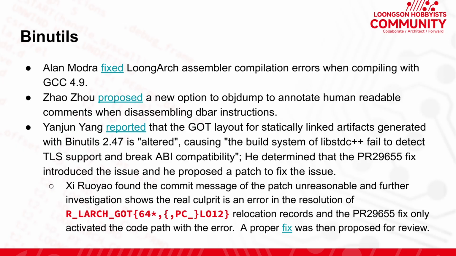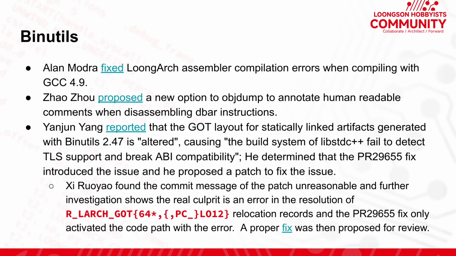Yan Junyang reported a so-called corrupted global offset table issue in statically linked executables introduced by the PR 29655 fix, but I found the commit message unreasonable, so I investigated the issue further.